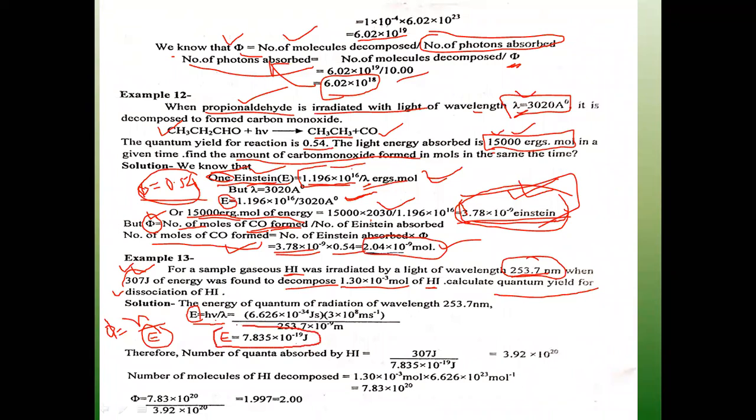So if you calculate this value, this is the energy. Then the number of quanta absorbed by HI. You have to find out the number of quanta absorbed. So we have to calculate how many quanta it absorbed. That is, this much energy was incident there, right. And how many quanta of energy were absorbed there, so the given energy is divided by this Einstein energy.